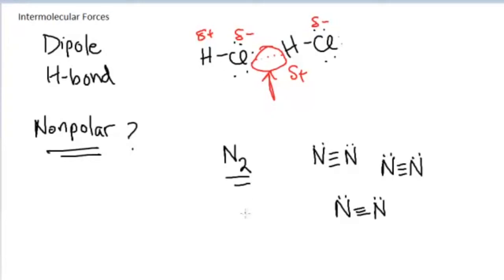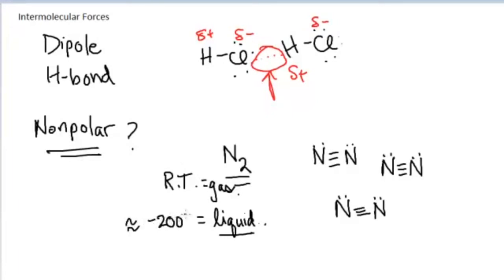And then my next question is, is it always a gas? We know at room temperature, nitrogen is a gas. But is there any temperature where nitrogen is a liquid? And absolutely there is. There is liquid nitrogen. This exists at very, very low temperatures. You're talking about in the order of around negative 200 degrees Celsius, nitrogen is going to be a liquid.